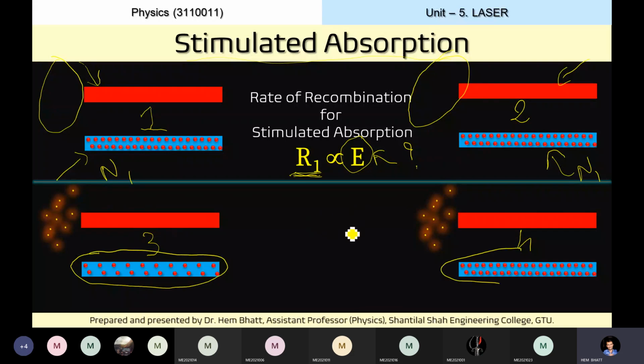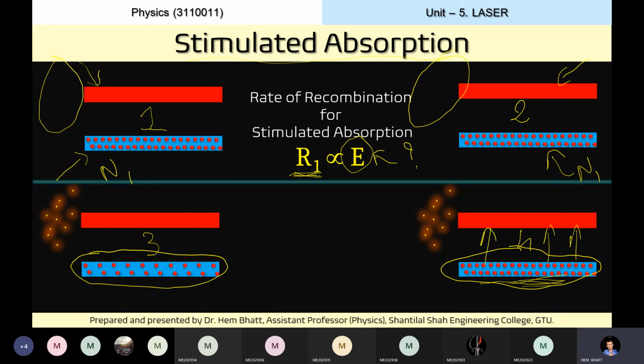Look at this. If I teach 50 students and 25 pass, and I teach 100 students, will 25 pass or more? It depends on how I teach, but assume I teach reasonably well. More will pass. If the number of students is more, look at the fourth one, the number of electrons here is more, and then more electrons will go to the excited state.